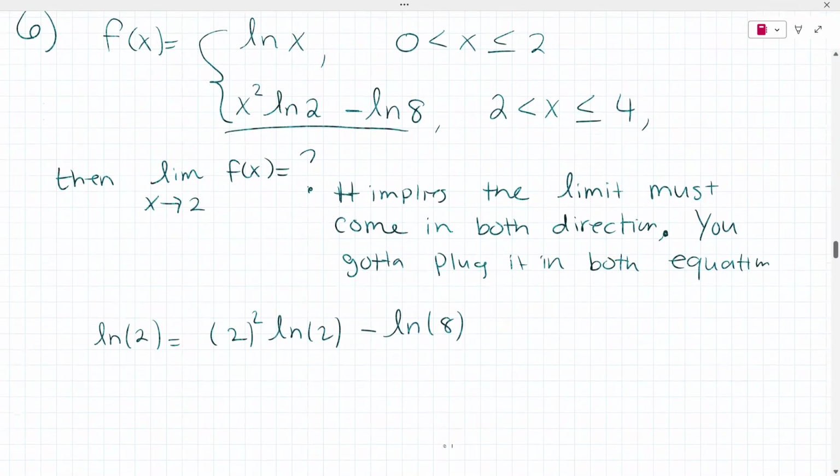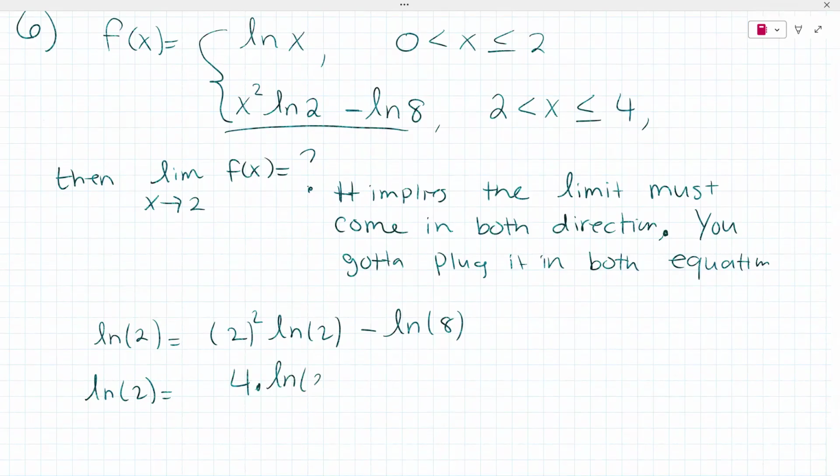On the left, ln of 2, there's nothing much we can do. It's just ln of 2. On the right, let's do some algebra. 2 squared is 4 times ln of 2 minus ln of 8. You're probably thinking that does not equal the left side, right? Well, we're dealing with natural logs, so what you have to do is not expand, but condense it into one natural log.